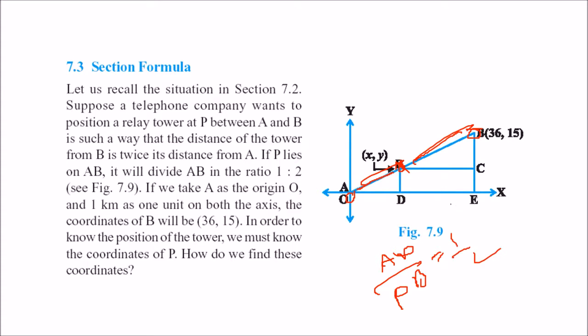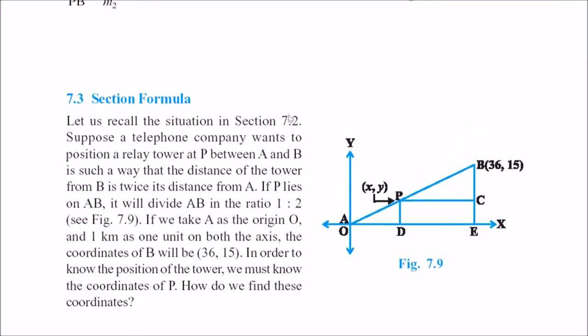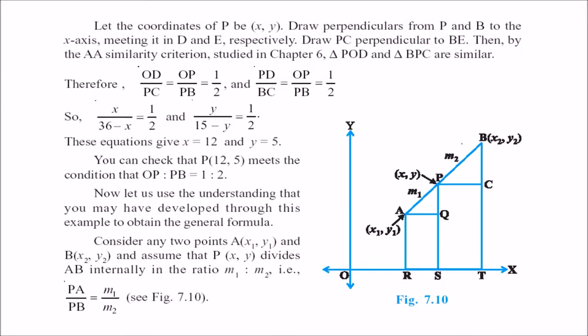This is the section formula we are going to use to find the point P. We want to find this x, y, which is the coordinate of the point dividing A and B in this ratio. So how to find this point?